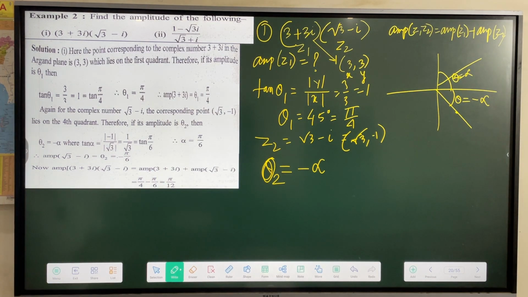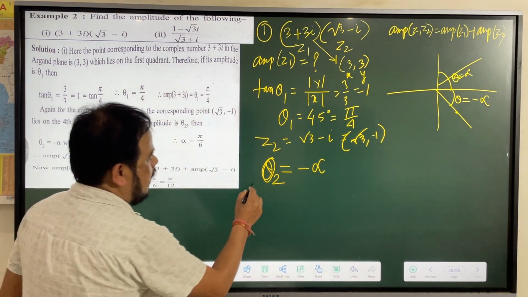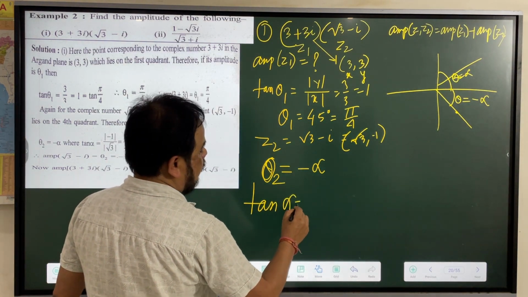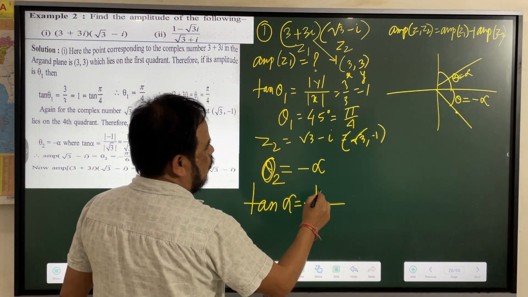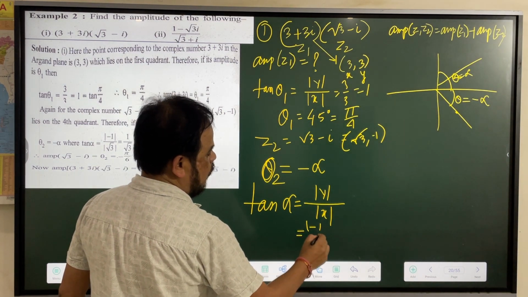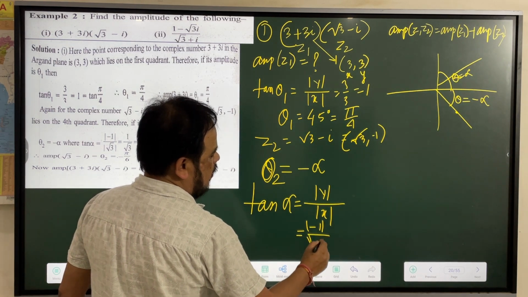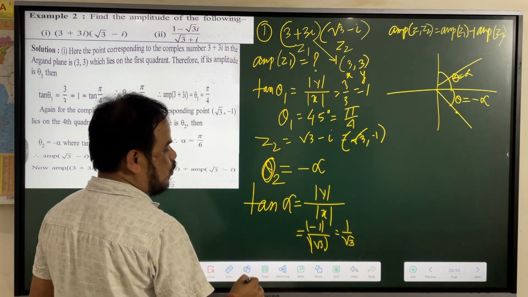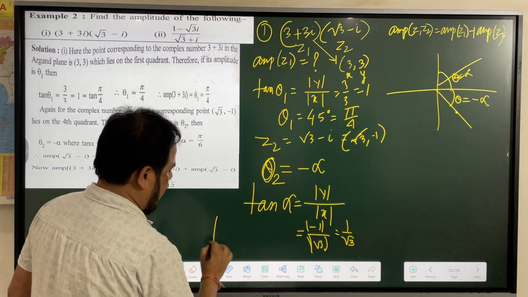Theta is equal to minus alpha means, now tan alpha we will find out. Tan alpha is equal to y by x. Y is minus 1. That means 1 by root 3. Tan alpha equals 1 by root 3. That means what?